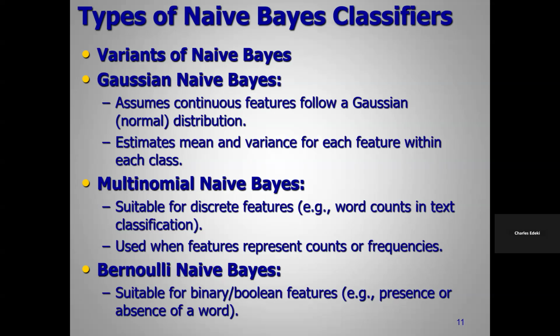Secondly, we can use what we call the multinomial naive Bayes. According to the slide, this is suitable for discrete features.